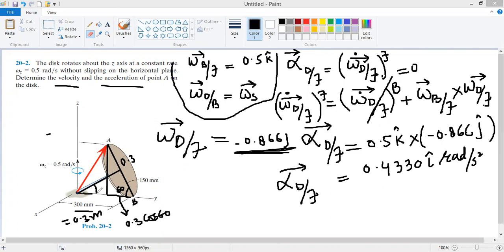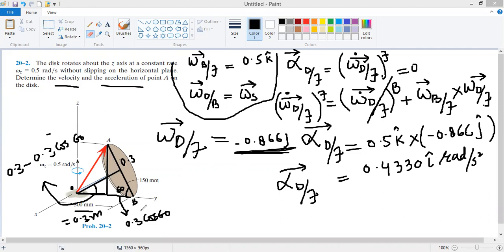Therefore the coordinate of OA along the z-axis will be this total distance, that is 0.3 minus 0.3 cos 60, and the coordinate along the y-axis will be 0.3 sine 60.